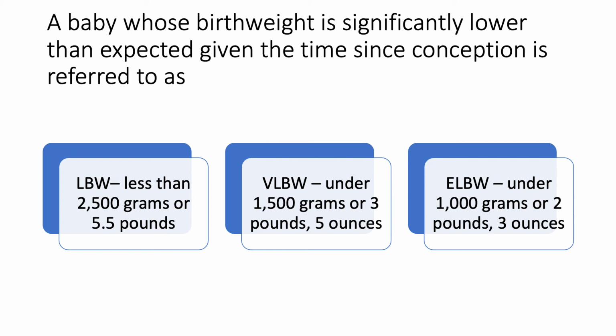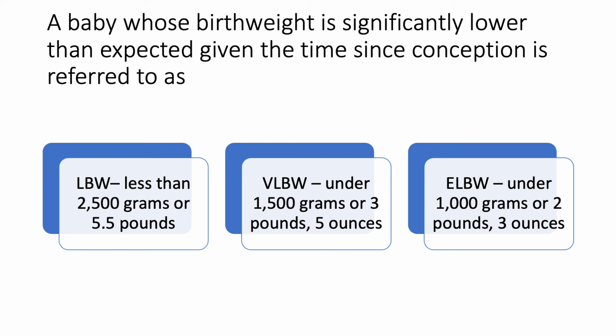According to the World Health Organization, low birth weight is less than 2,500 grams or 5.5 pounds. Very low birth weight is under 1,500 grams or 3 pounds and 5 ounces. And extremely low birth weight is under 1,000 grams or 2 pounds and 3 ounces.